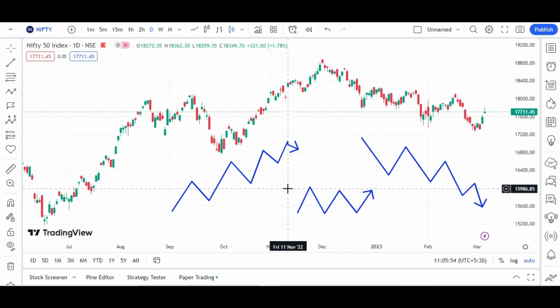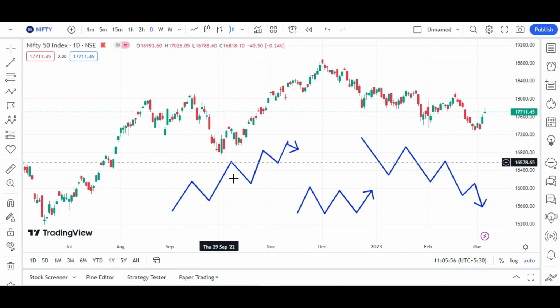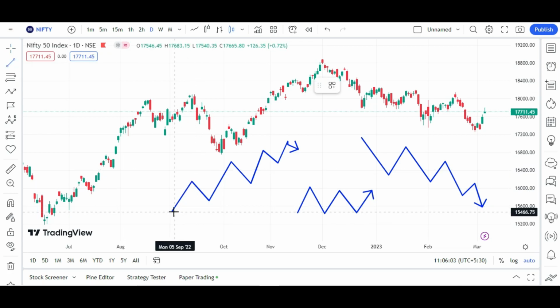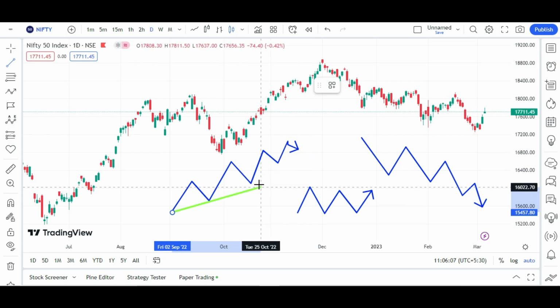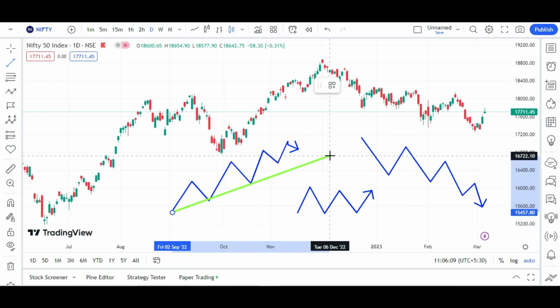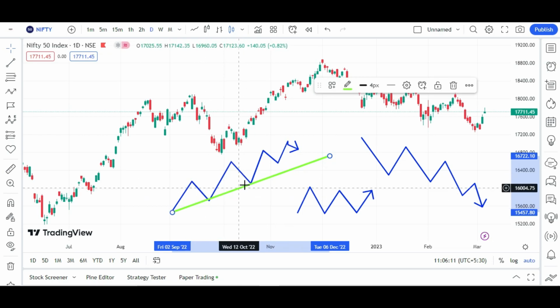So whenever price moves like this, how is this an uptrend? It is going to form an upside diagonal. If you connect these dots, it will form a rising trend line. This is the rising trend line because here the low is higher, this low is higher than this low, which is higher than this low, so it is forming a rising trend line.